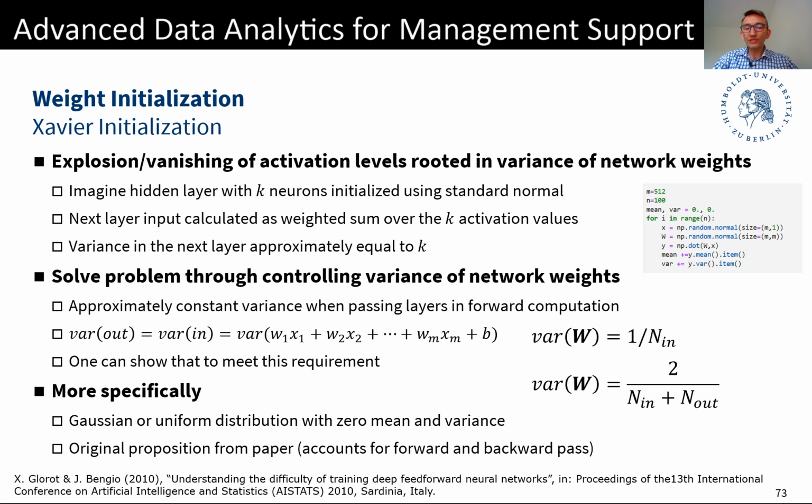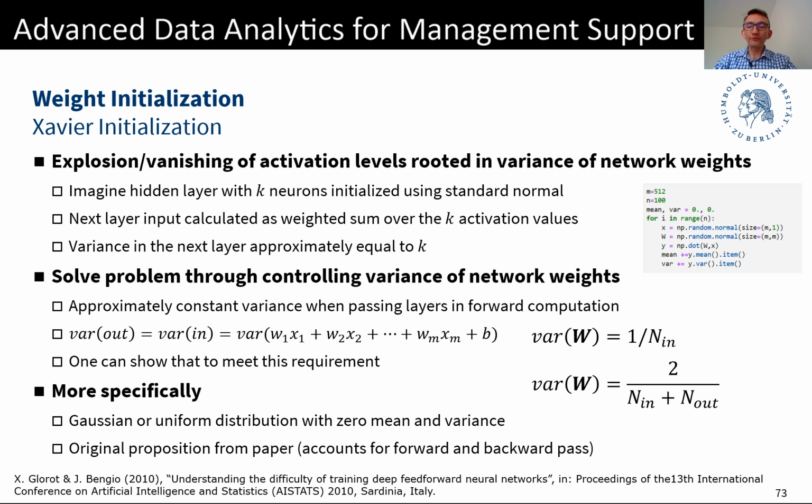And if you initialize your weights, then of course you can make sure that the variance is downscaled in that manner. An approach that does that is called Xavier initialization. So this is something like an option that you will find in deep learning libraries, where you can control the way in which weights are initialized in your neural network.